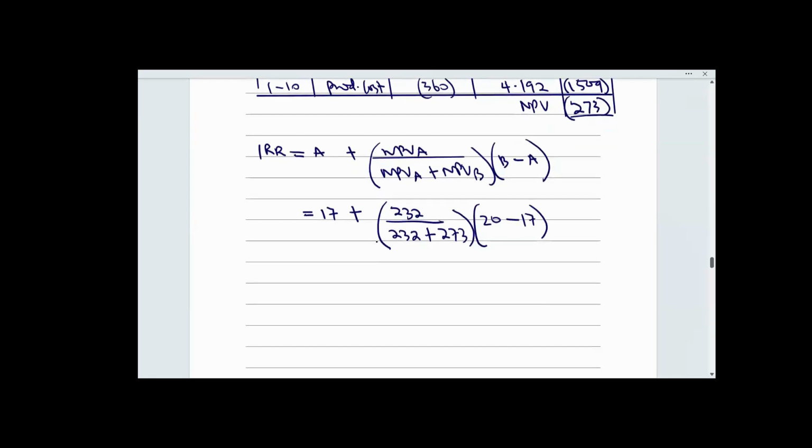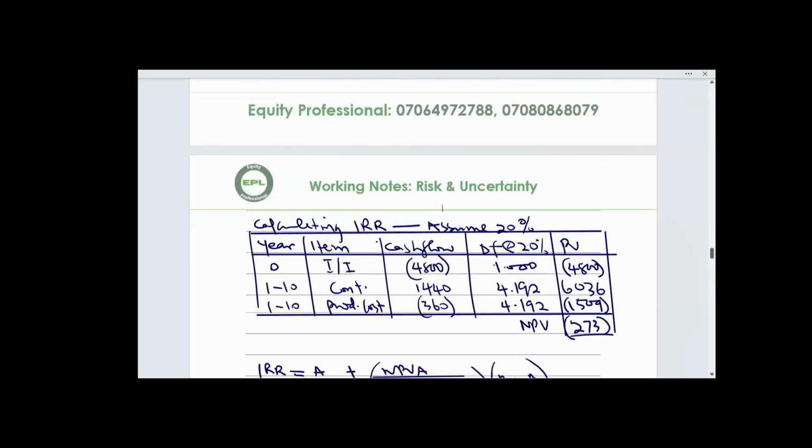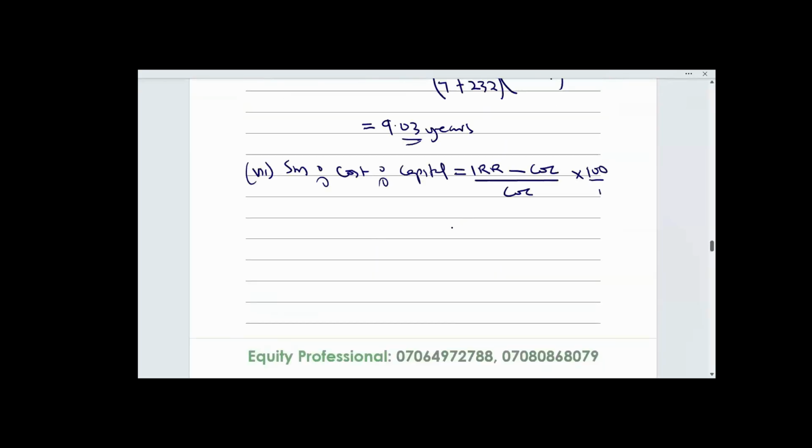Final answer, what do you have here? 18.38%. So we go up there and complete our calculation. Internal rate of return is 18.38 minus cost of capital of 17%, over cost of capital of 17, multiplied by 100%. What's the final answer? 8.1%.